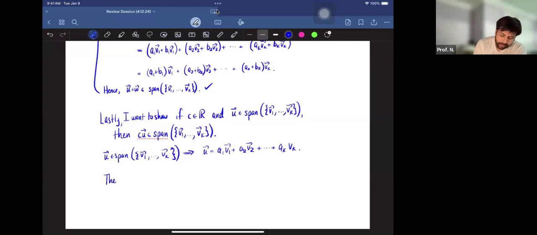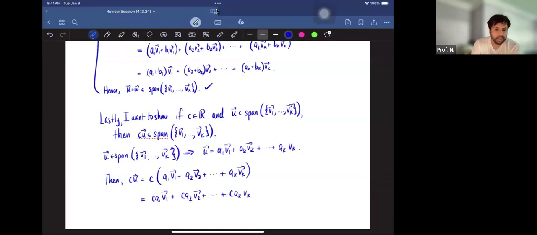Then multiply C times U, and what do you get? You get C times all of this, A1 V1 plus A2 V2 plus AK VK. What is this equal to? By the distributive property, you get CA1 V1 plus CA2 V2 plus CAK VK.